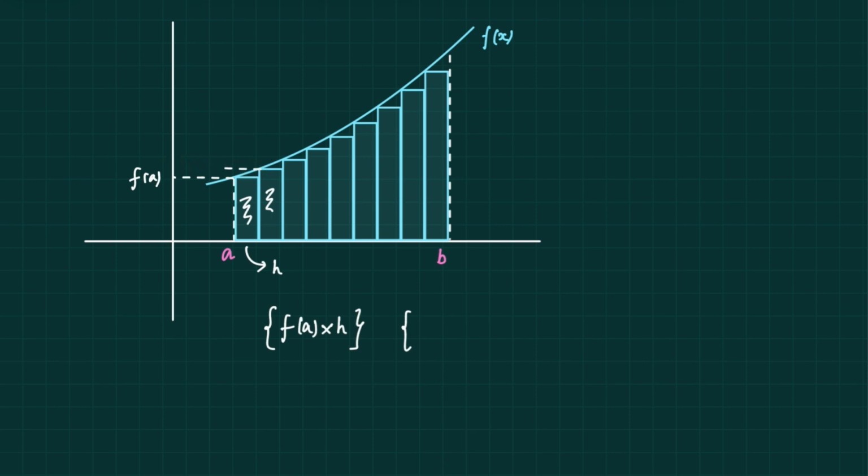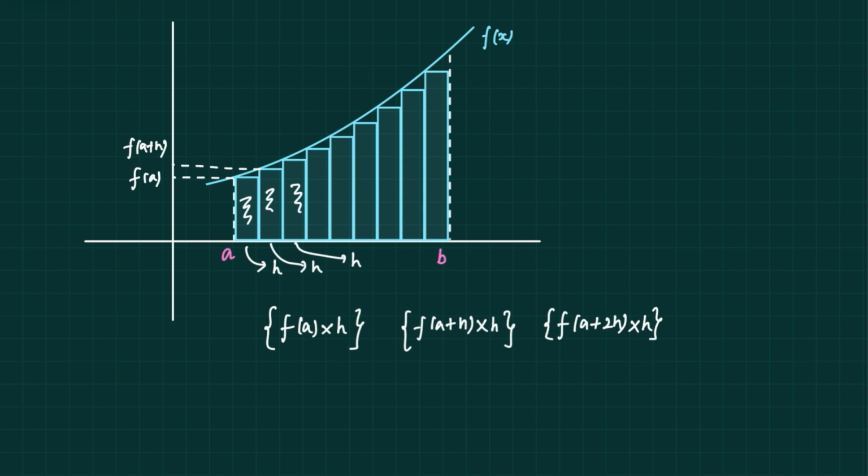So the length for that rectangle will be f of a plus h into the breadth, which is again h. Similarly, in order to find the area of this third rectangle, it will be length into breadth. So the length will be f of a plus 2h and the breadth is again h for this rectangle also.